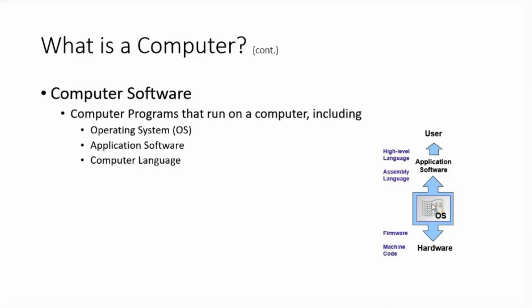You cannot create an application software or an operating system without anything else. So the specific softwares required to create operating systems and application softwares are the computer languages. And our C belongs to this computer language.